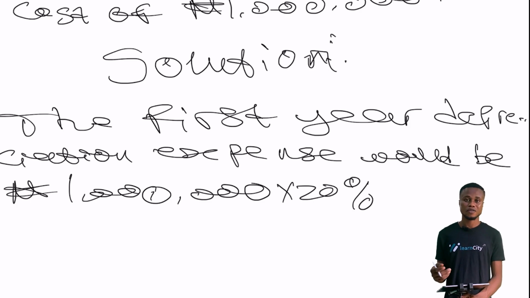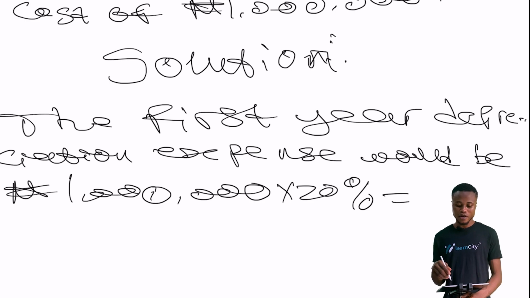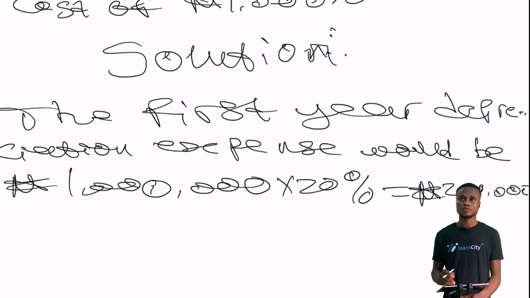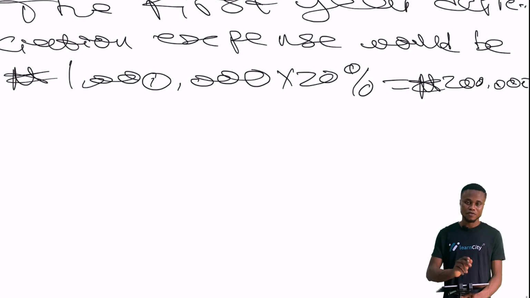Remember, I'm using the formula, it's very easy. If you multiply 1 million naira by 0.2, the breaking down of 20% is 0.2. That is 20% divided by 100. So you are going to get 0.2. If you do that, you're going to arrive at 200,000 naira. Now, that's the first year.